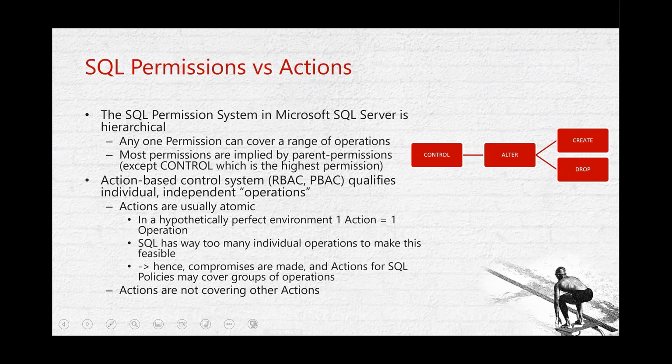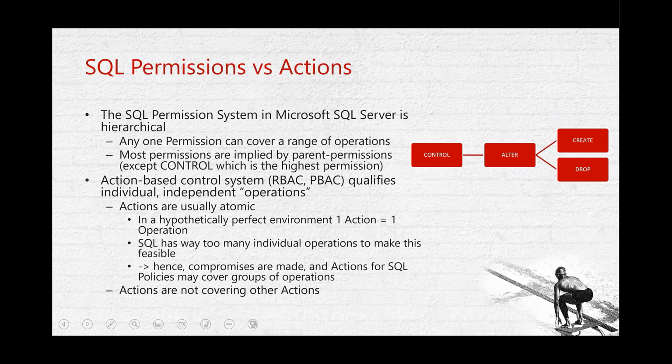There is no permission versus operation. Like in SQL, you have a permission and it grants you access to multiple things that you can actually do. In an action-based system, the action itself is what you define in the policy, and by that you are allowed to do it, or you are denied. That's of course also possible.